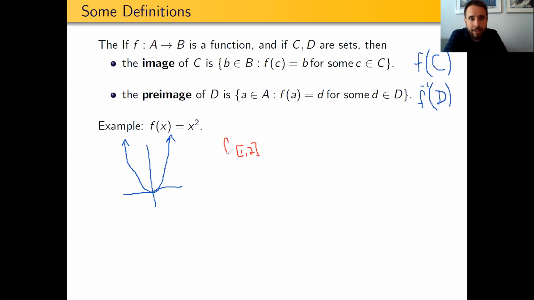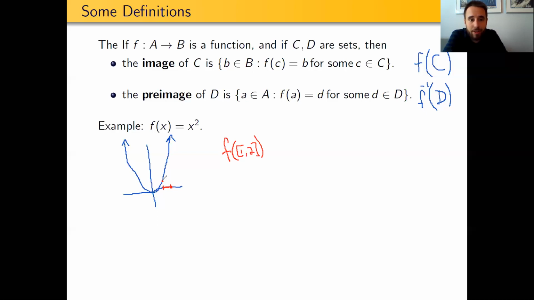If I were to take f of that, now I'm taking the image of the set 1 to 2. I would look from 1 to 2 and try to see, for all of the points between 1 and 2, what are the image points? What are the points in the codomain that get mapped to from the points between 1 and 2?